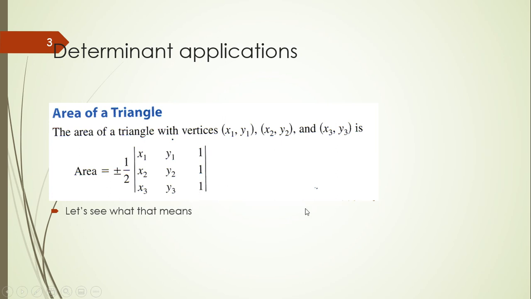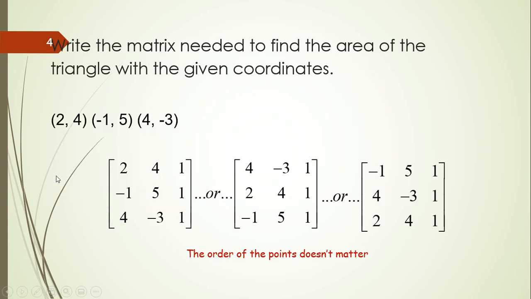So let's take a look at an example and see how we can calculate that. So here are 3 points, (2, 4), (-1, 5), (4, -3). If I want to find the area of the triangle with these given coordinates, it doesn't matter which order I put the matrix in. So I could do it just like this: 2, 4, 1, -1, 5, 1, or 4, -3, 1.